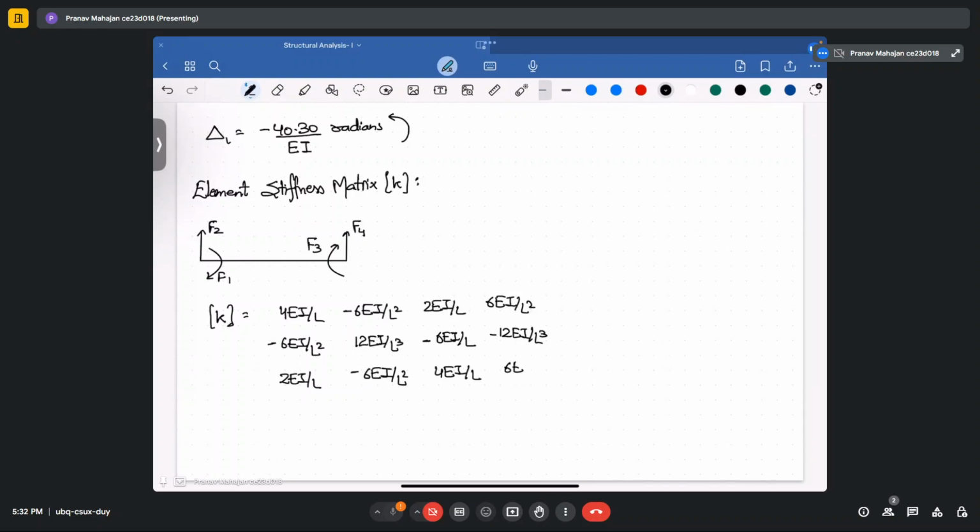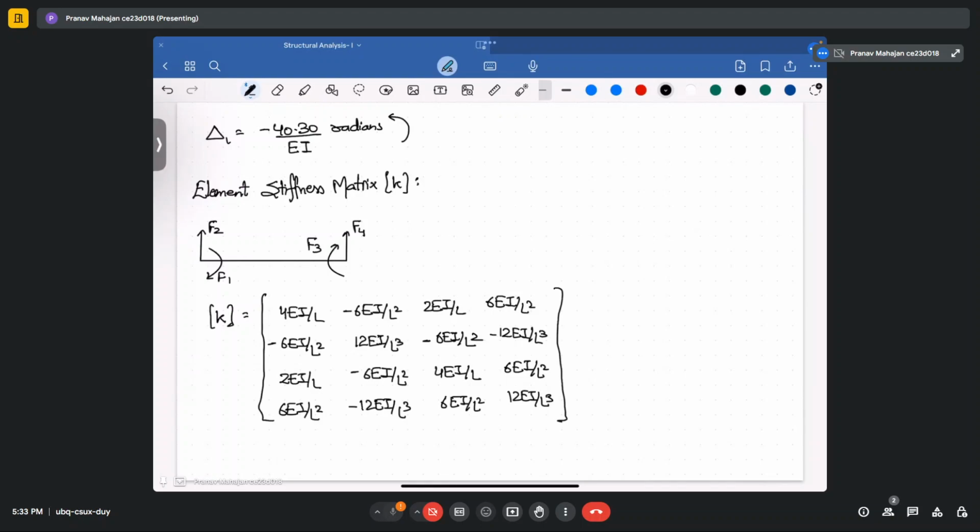So that's why the position of values as well as the signs might be different from what we have written in the previous case. So this is your element stiffness matrix.